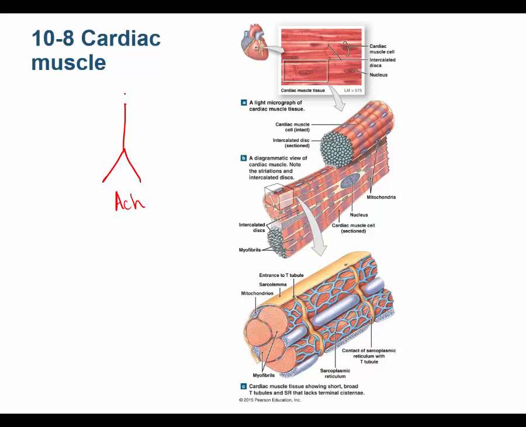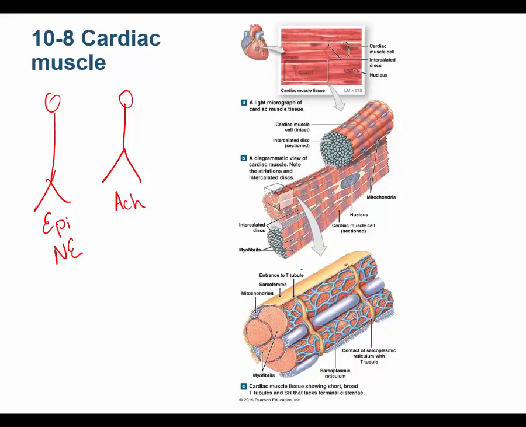Now, it certainly has the neuron that secretes acetylcholine as well. But the heart has neurons coming to it that secrete epinephrine and norepinephrine, and neurons coming to it that secrete acetylcholine. So there's lots of different types of neurons coming to the cardiac muscle, not just the one flavor of motor neuron that we talked about with the skeletal muscles.